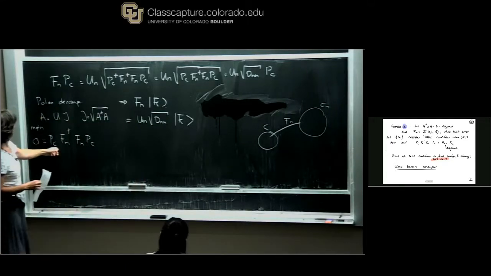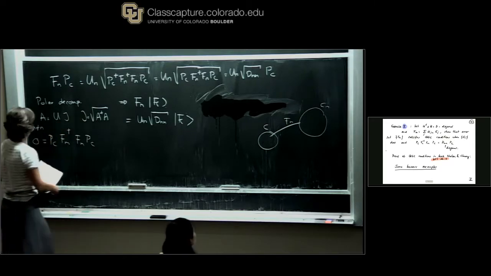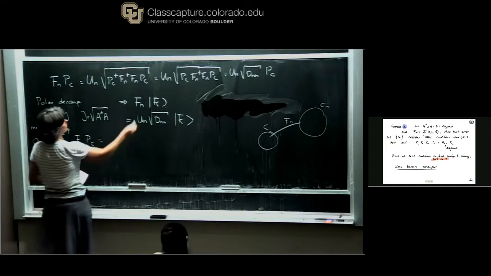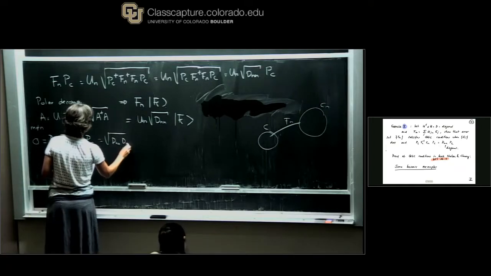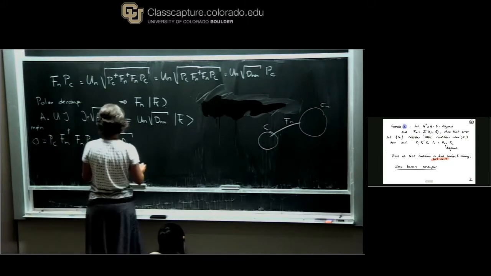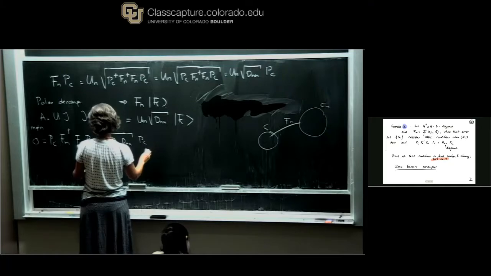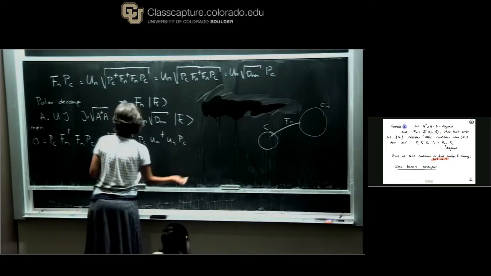And again, I can use this line here. So let me just insert it. So I have the nn, the mm, and this unitary. So PC Um† Un PC. So that's 0.